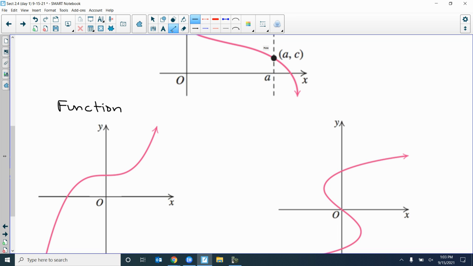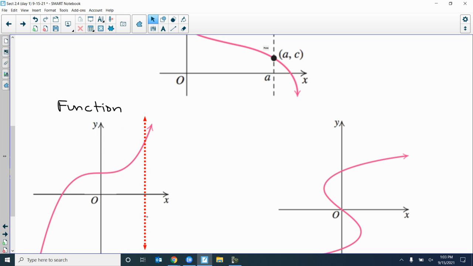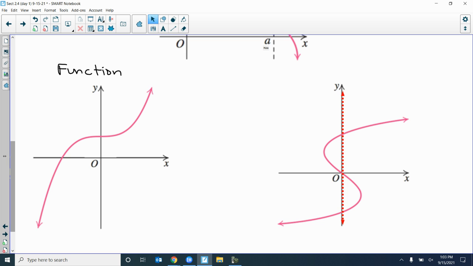If you draw a vertical line, no matter where you put that vertical line, it will hit this graph only once. But if you put it over there, it hits it more than once, so this would not be a function. So the vertical line test is a good way to tell for the graph.